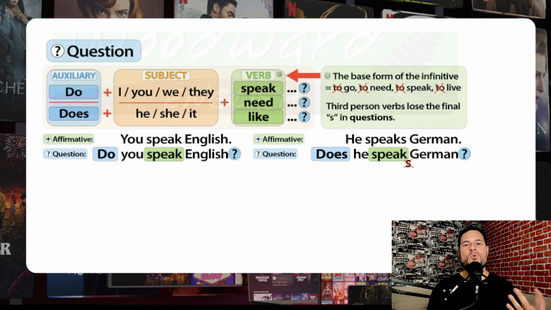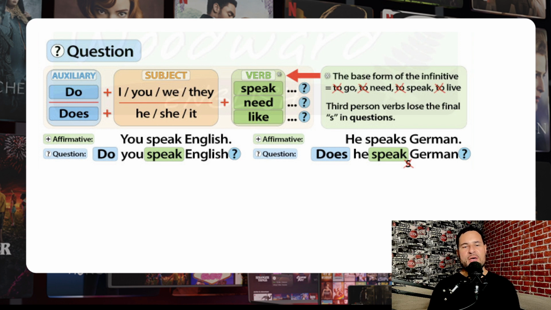Okay, so do I need, do I speak, do I like, and does he speak, does she need, does it like. Okay, so does or do comes to the beginning. You change the order. The base form of the infinitive: go, need, speak, and live. Third person verbs lose the final S in questions. So you don't add S at the end of the verbs. The S is in does.